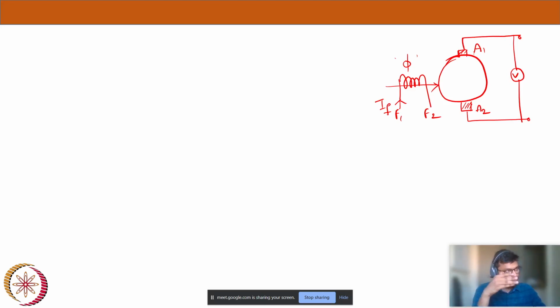Before proceeding to that voltage calculation, let's start from the basics. How do we calculate the flux initially? We know when we pass a known current IF through the field terminals, a flux is generated. Let's first calculate the flux per pole, and then we will see how we can get the voltage from it.